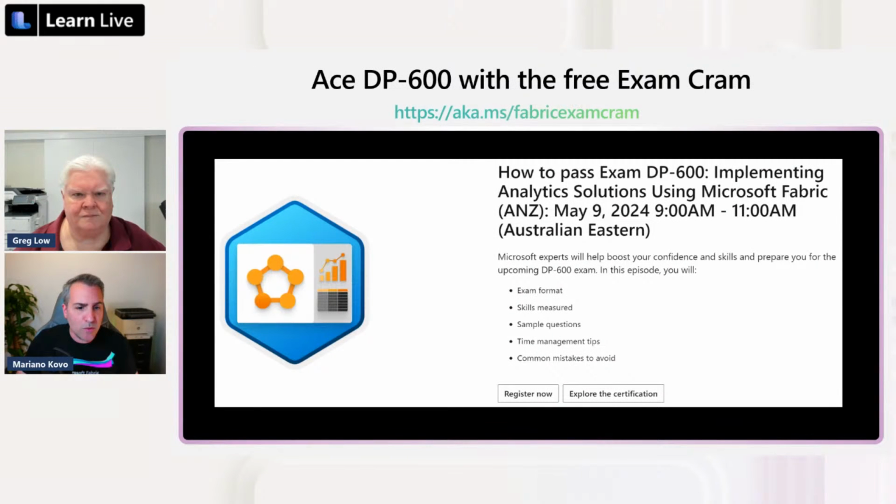Also, we have the exam cram session that will be happening next May 9th at 9 a.m. Australian time. This is a must-go session if you're going to take a real certification exam, because you will have all the topics, all the tips, and how to avoid common mistakes.